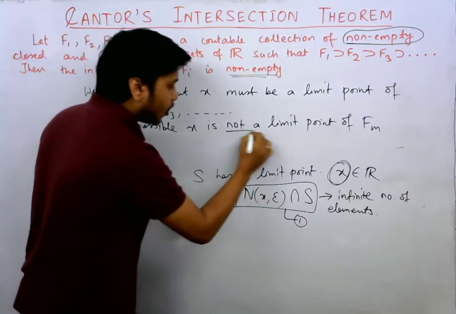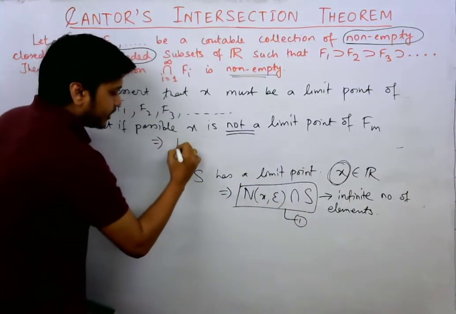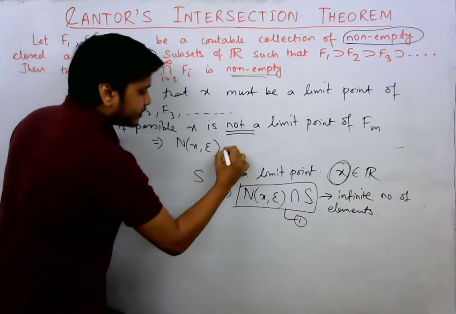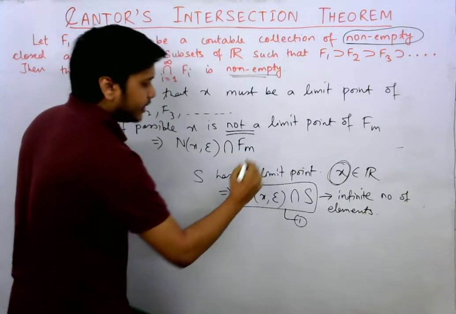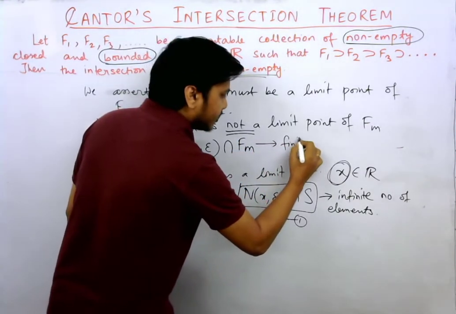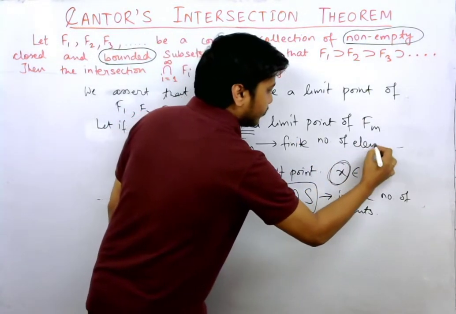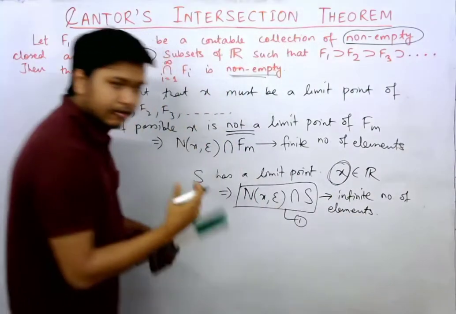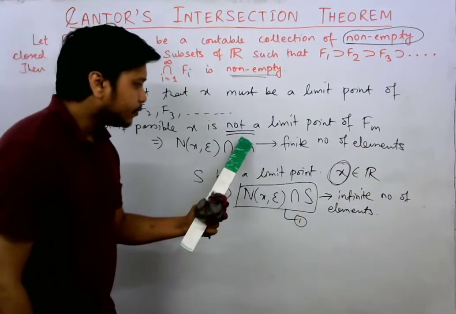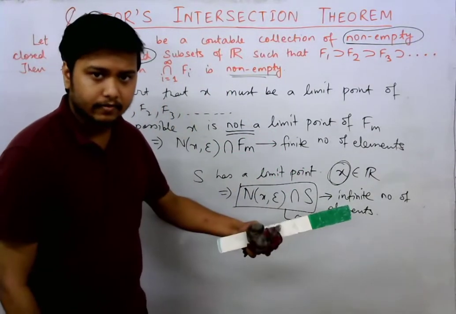Now if it is not a limit point, that means the epsilon neighborhood of x intersection the Fm set must contain a finite number of elements, because if it was a limit point, then it would contain an infinite number of elements.